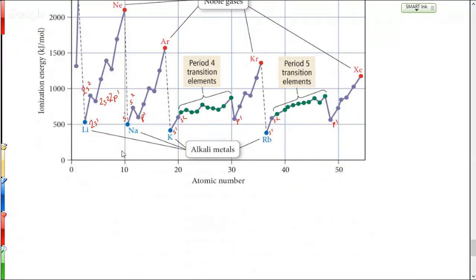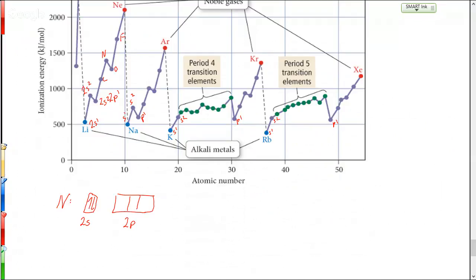So let's just look at the first row, or the second row for now. So we've got lithium, then beryllium, then boron, then carbon, then nitrogen, then oxygen, then fluorine. So the weird thing that's happening here is between nitrogen and oxygen. So let's look at the difference in those configurations. Nitrogen, let's look at just the valences. So here's the 2s and the 2p.